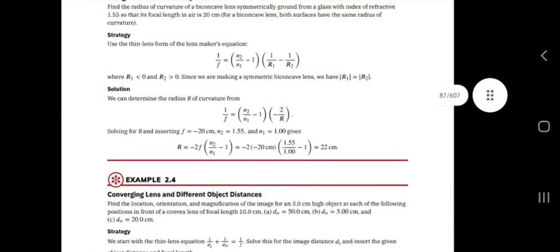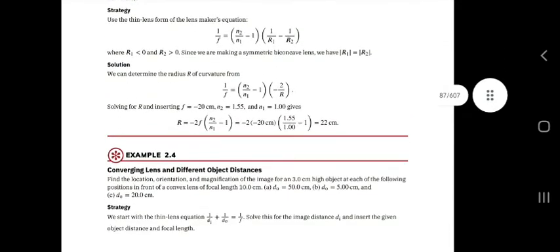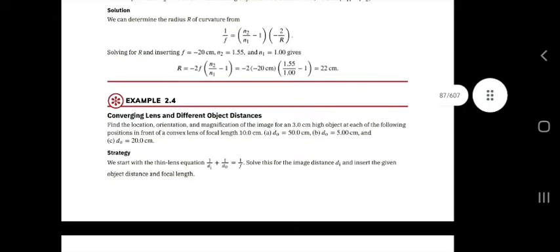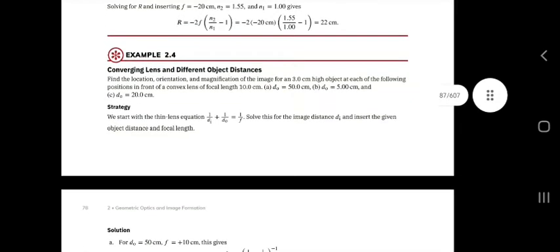So that would be all of problem set number 3. So let's proceed to problem set number 4, example 2.4. So converging lens and different object distances. Find the location, orientation, and magnification of the image for a 3 cm high object at each of the following positions in front of a convex lens of focal length 10 cm.